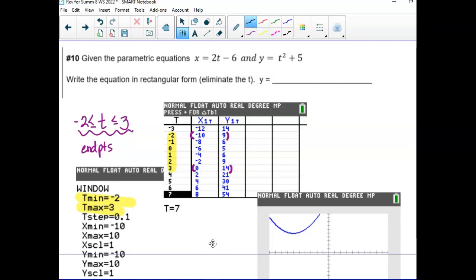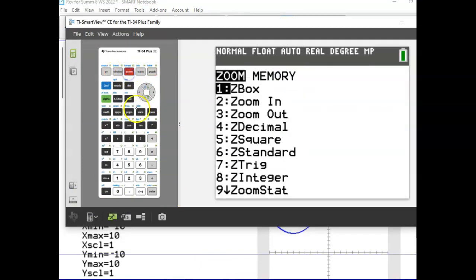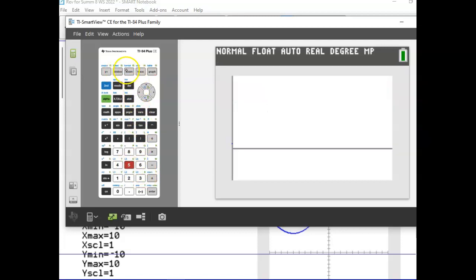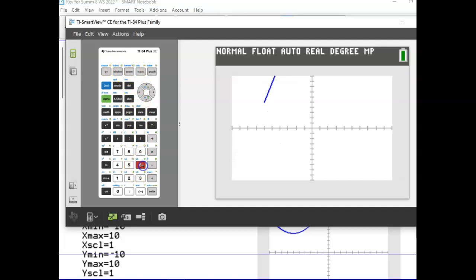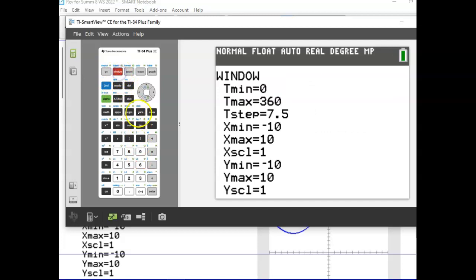Okay. The part I was worried about and put on the quiz was, by the way, it also says indicate orientation. If I go back and change my window, I'm going to try a zoom square. It's not going to go well. Oh, that's not good. I meant zoom standard, but what was it? -2 to 3. And that might work, but I feel like one of them was at 14.